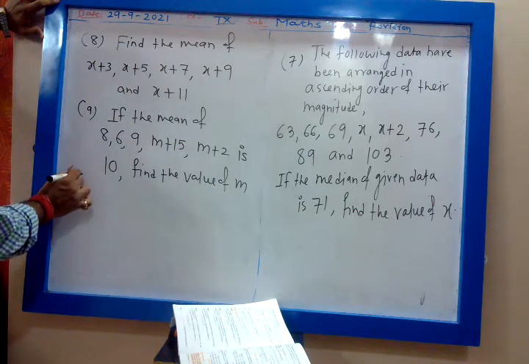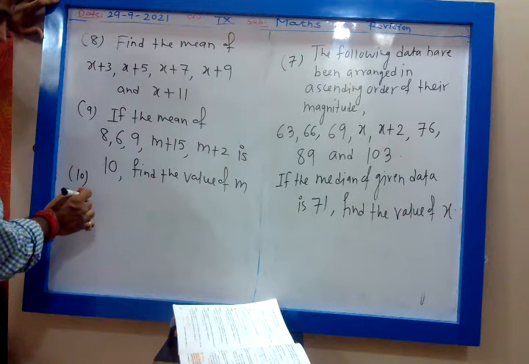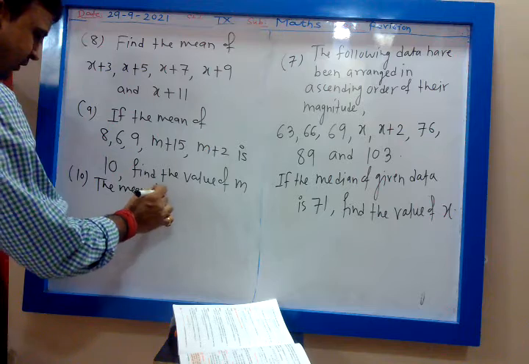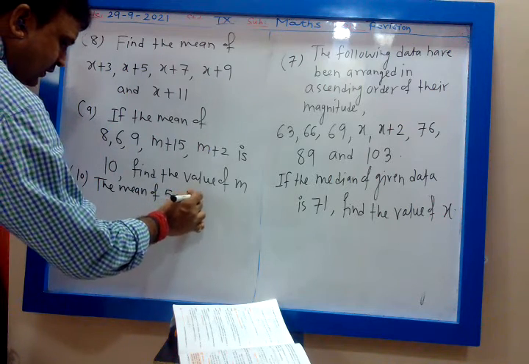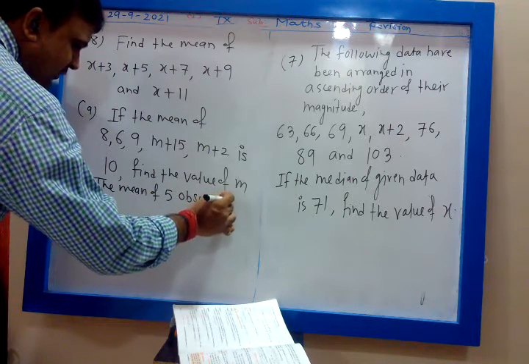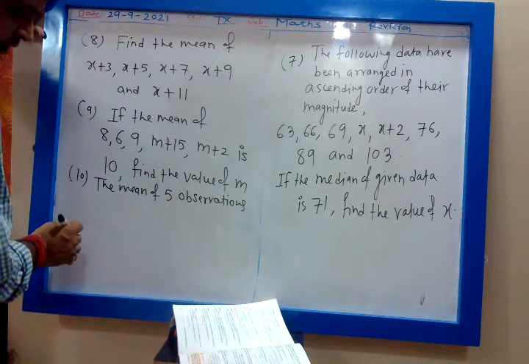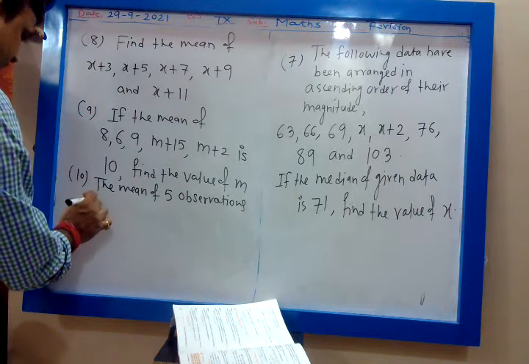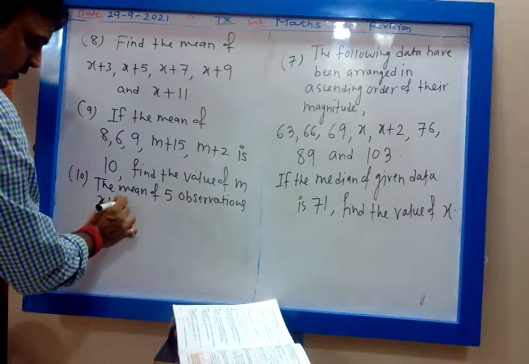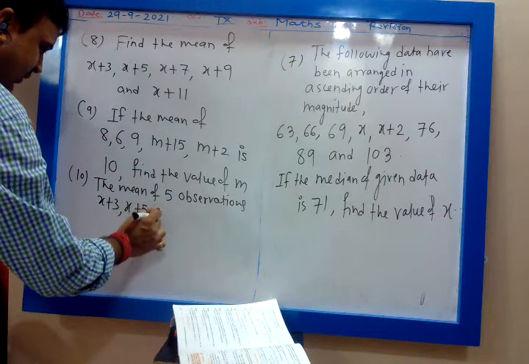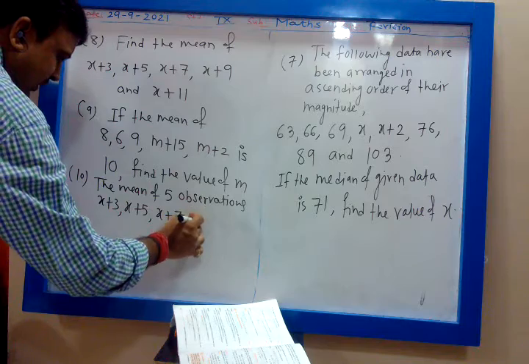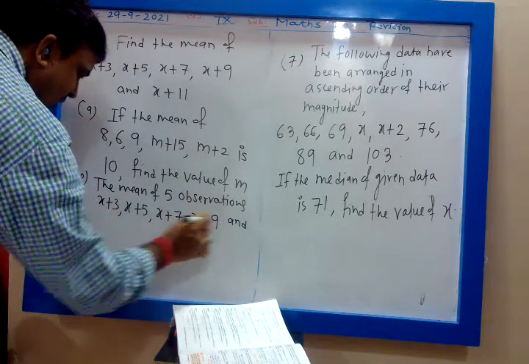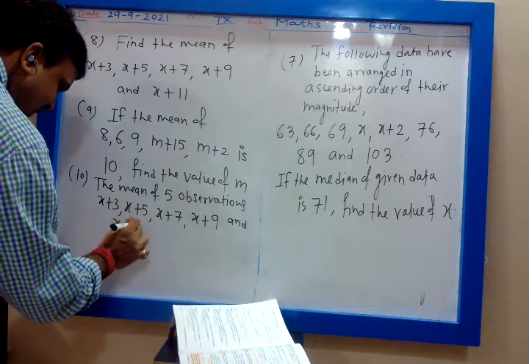Then the 10th one. The mean of 5 observations, x plus 3, x plus 5, x plus 7, x plus 9, and x plus 11 is 14.